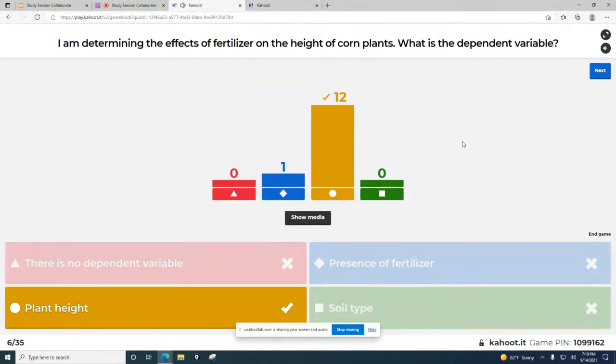Plant height. So like I just mentioned, our dependent variable is dependent upon the independent variable. So our independent variable is fertilizer. So we're looking at the effects of fertilizer on the height of corn plants. And our dependent variable is usually the variable that is directly measured by our researcher.